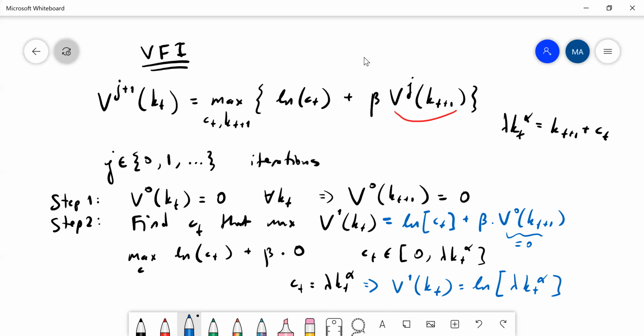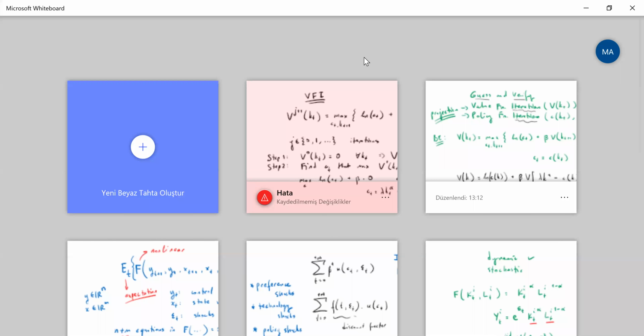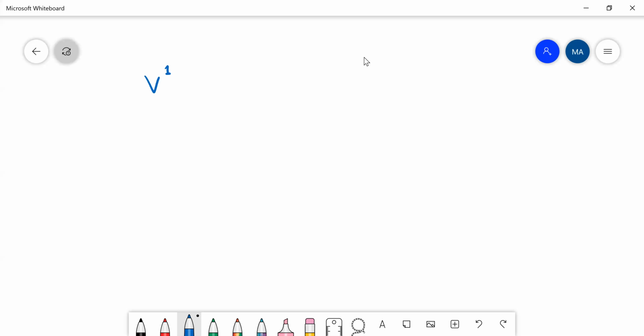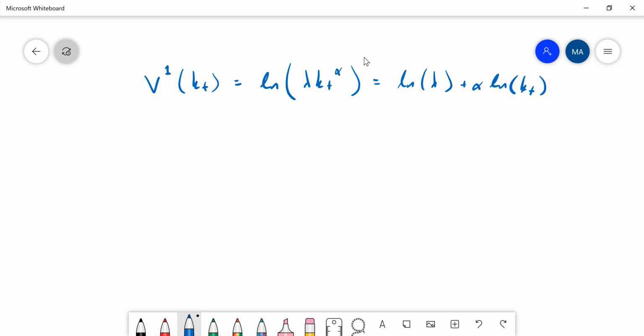Okay. So what do I learn from this step? Well, I'm realizing that V1 kt is equal to natural logarithm of lambda kt alpha. In other words, it is basically this. Now, you already know the correct solution, right?